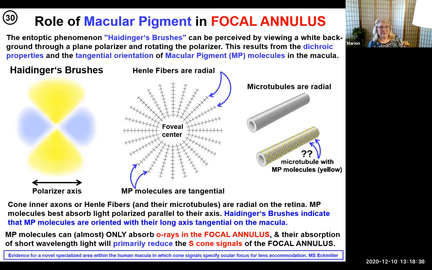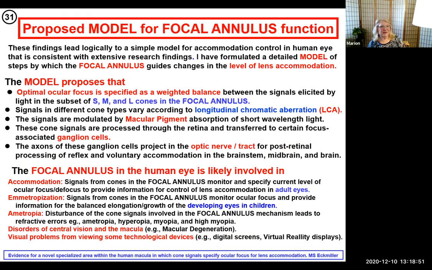So I have the suspicion that the orthogonal polarization of the O rays and the E rays gives us some evidence that macular pigment is involved in the function of the focal annulus, and that this is not just an accident.